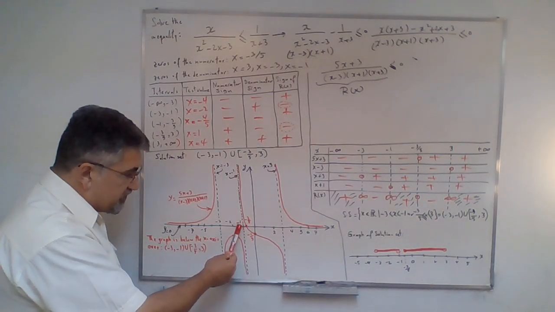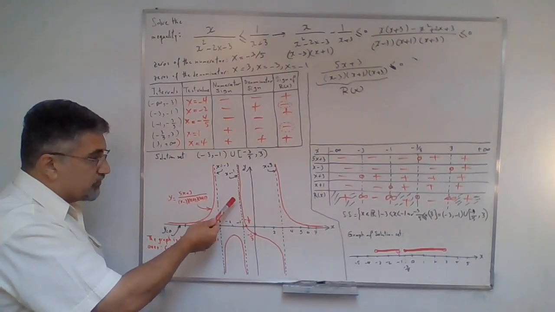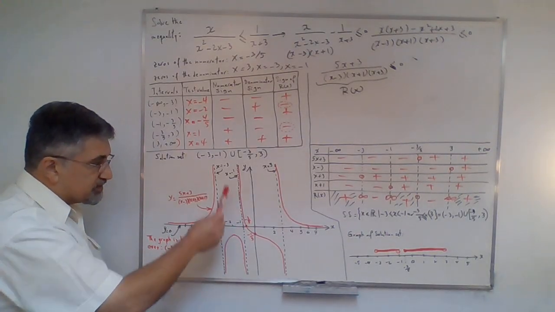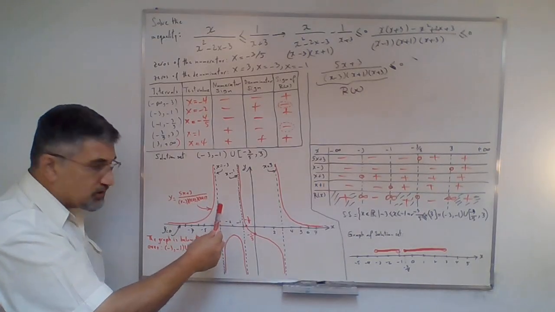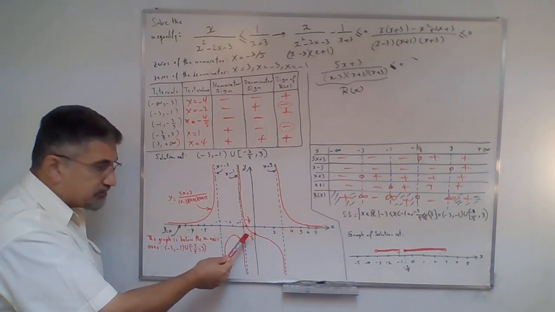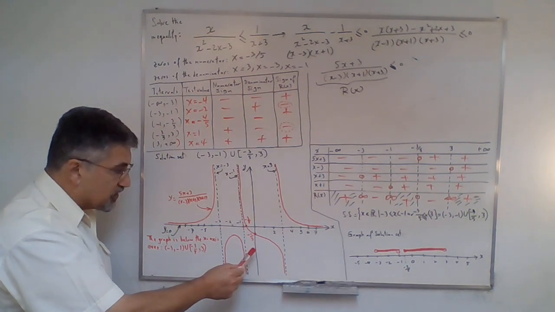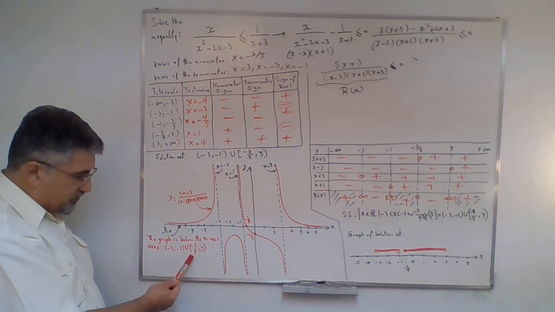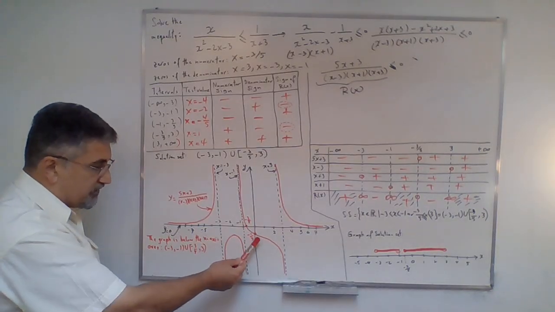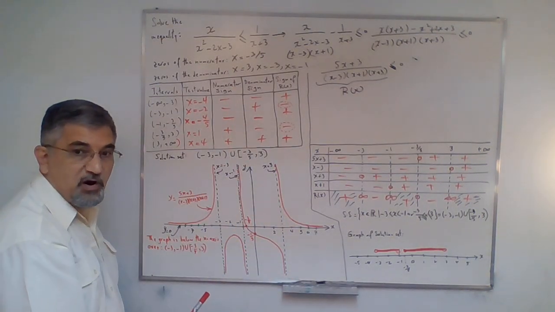But then from -1 to -3/5, again, the graph is on the right side of the vertical asymptote, and it's decreasing above the x-axis in the positive region. But then after the x-intercept, you see that the graph is again below the x-axis in the negative region. So that happens up to x equals 3. So we say from -3/5 up to 3, the graph is below the x-axis, and after 3, again, the graph is above the x-axis.